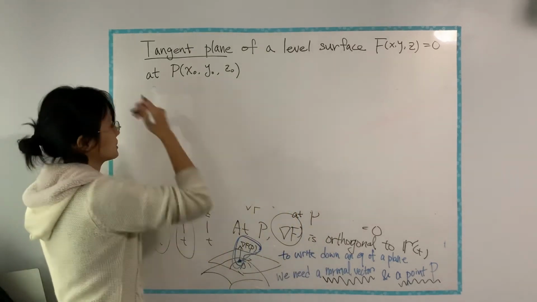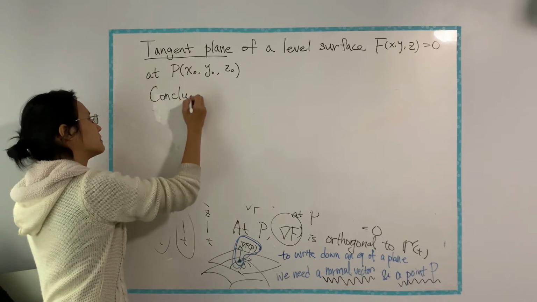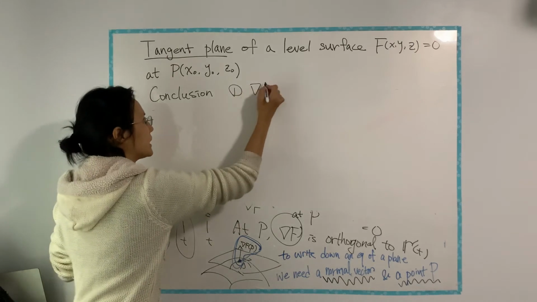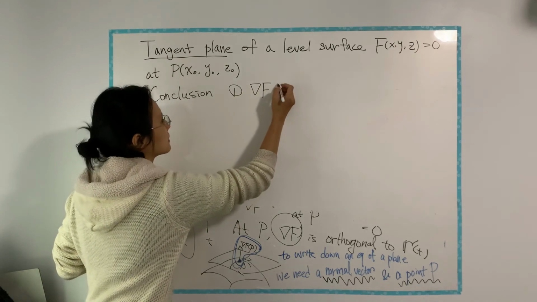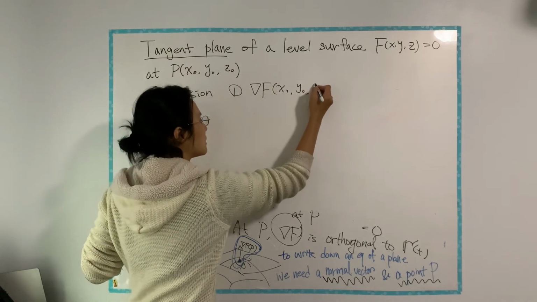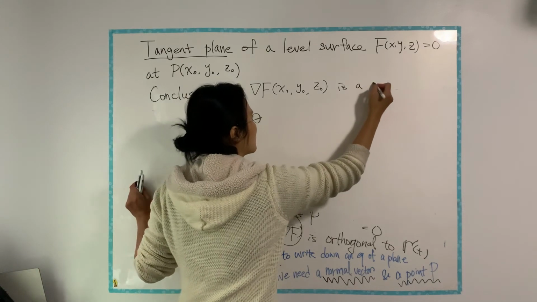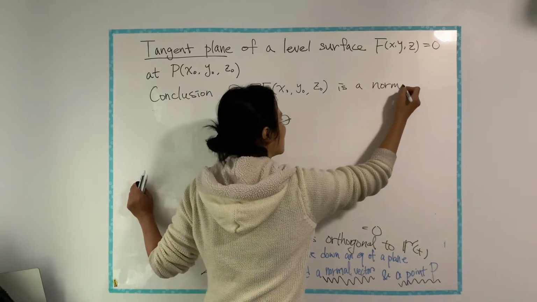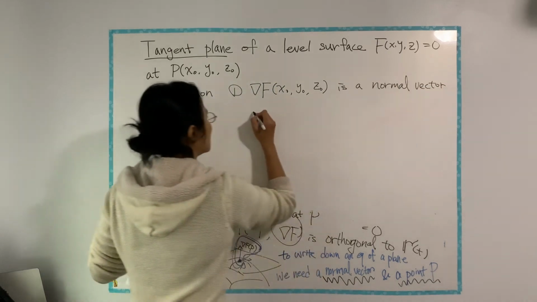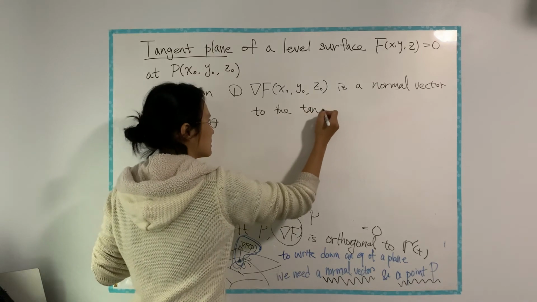So, conclusion: gradient f at P is a normal vector to the tangent plane.